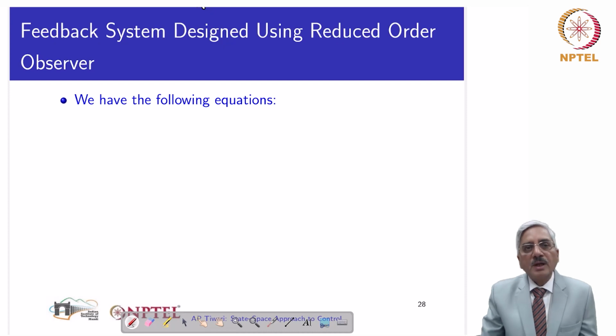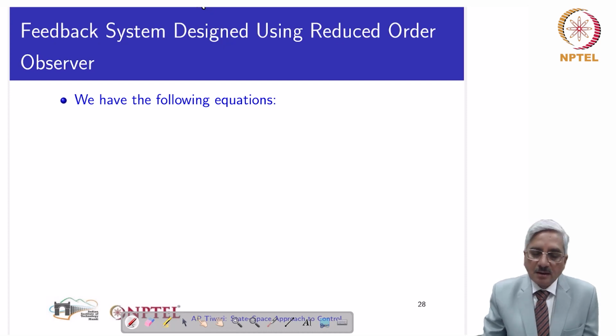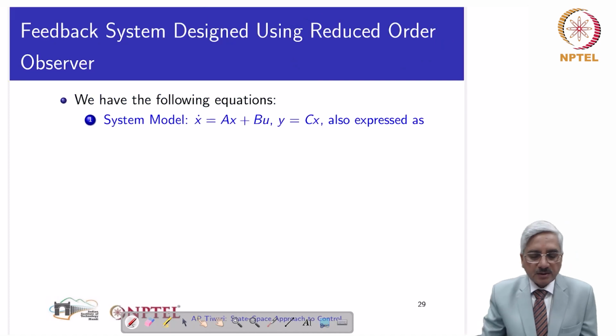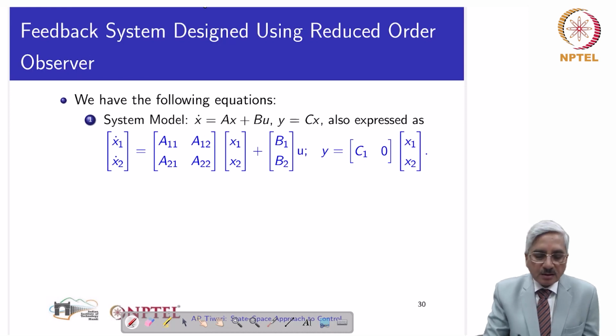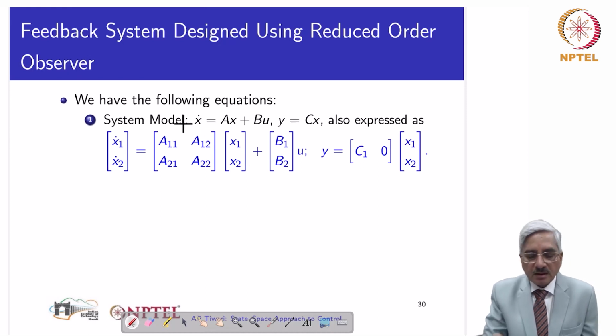Now we want to establish the same thing in case of the reduced order observer. So with the reduced order observer, we have these equations. The system model as before is this. However, it is expressed in this partitioned form. The state x is assumed to contain two groups of states.